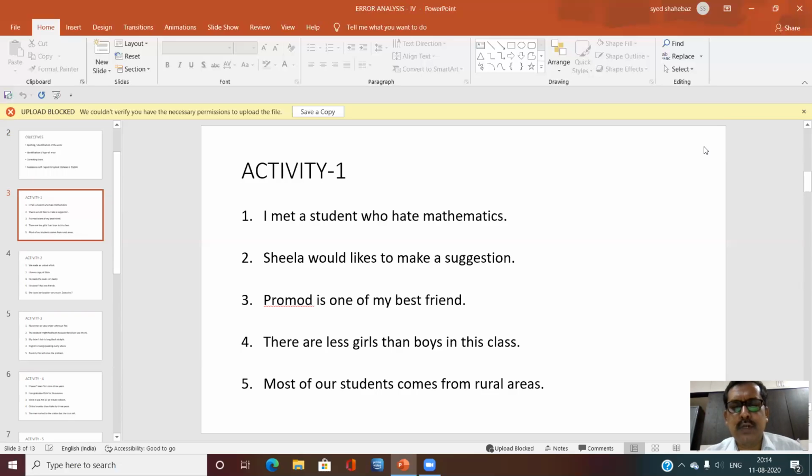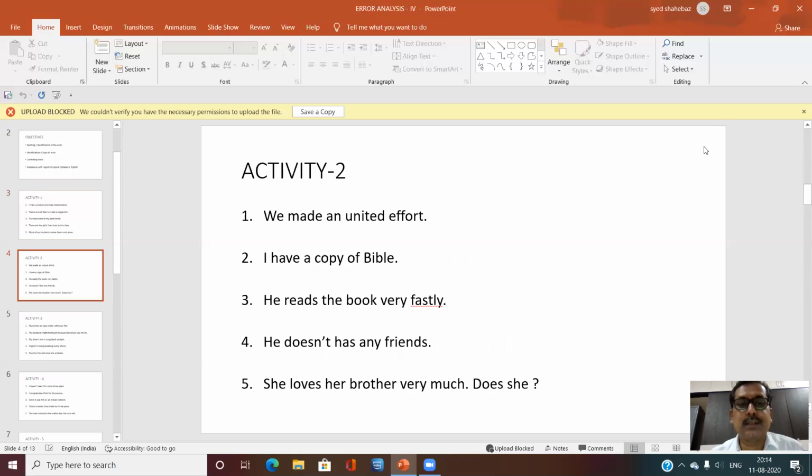Most of our students come from rural areas. We made a united effort. I have a copy of the Bible. He reads the book very fast. He doesn't have any friends. She loves her brother very much, doesn't she?